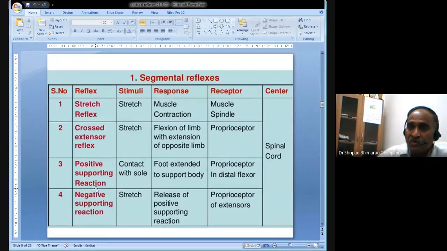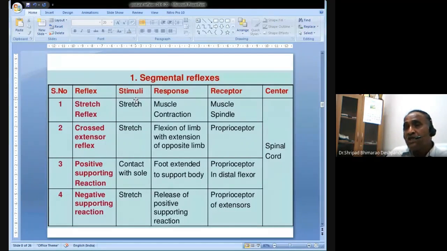Now, what is the stretch reflex? The stimulus is the stretch, because of the positioning or whatever action you are trying to do. The response is muscle contraction, the receptor is the intrafusal fiber, and the afferents are 1A afferents. The center is in the spinal cord, and the efferent is the alpha motor neuron to the muscles.